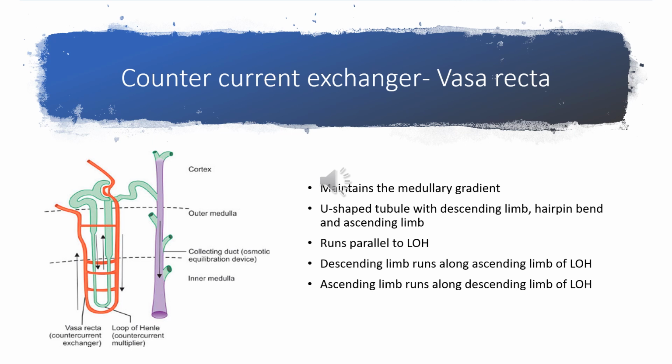So here we can see that vasa recta forms a countercurrent mechanism because of the positioning of its descending and ascending limbs, and the movement of fluid is opposite to that in the loop of Henle.